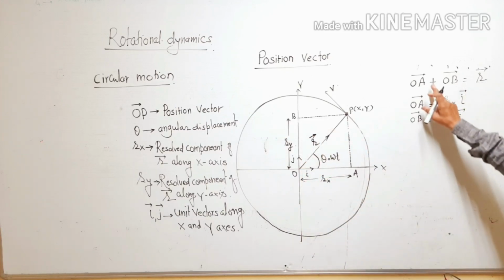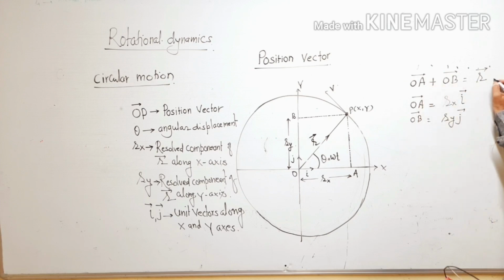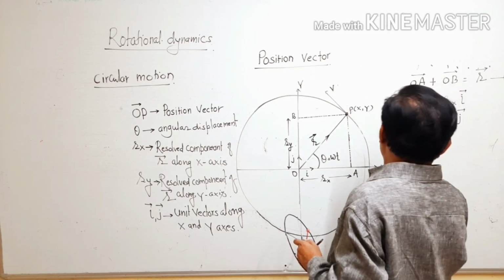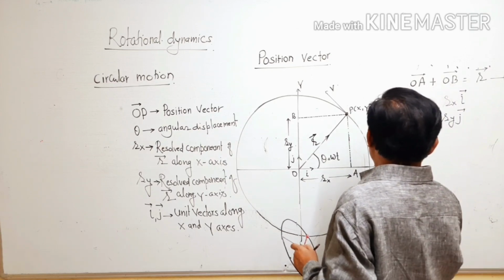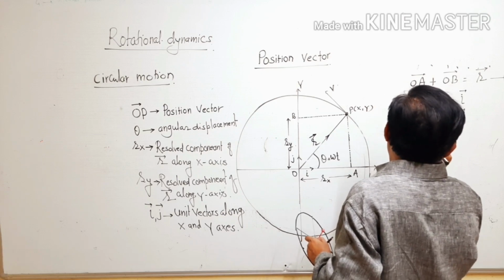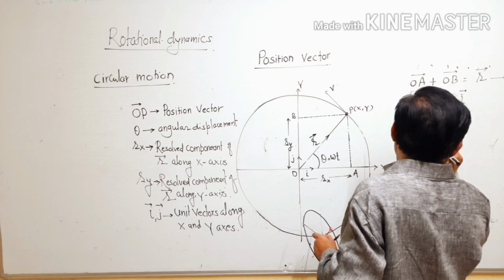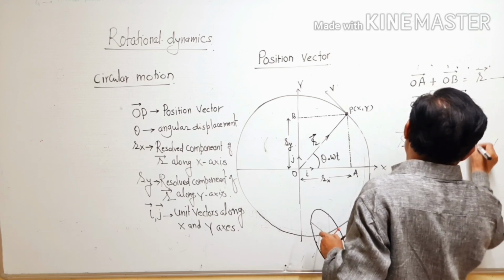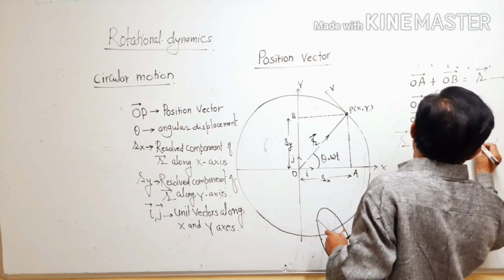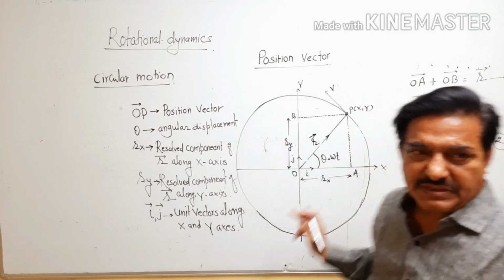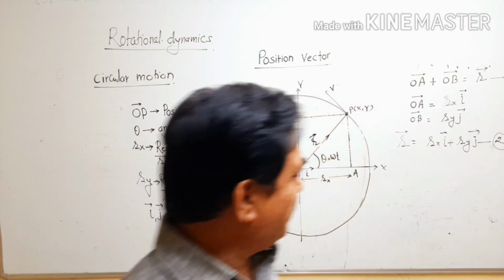If we substitute these values in equation 1, we get the position vector R is equal to Rx i plus Ry j. So this is the position vector for this circular motion.